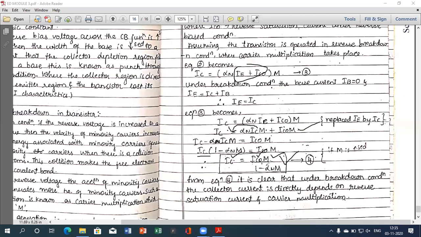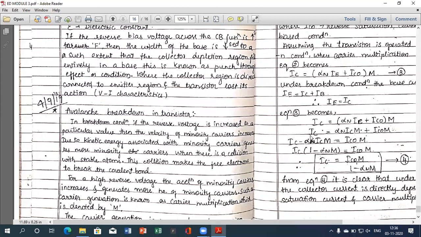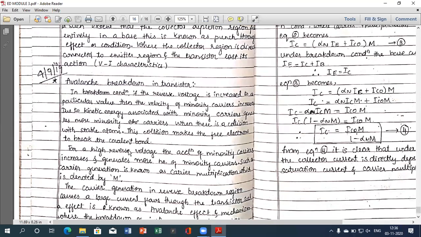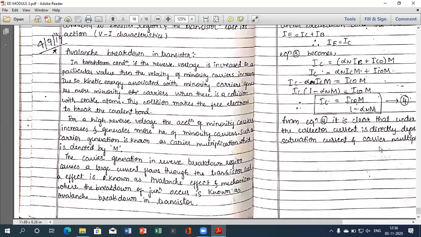So once the transistor operates in the active region, we should take care of the reverse voltage. If the reverse voltage is increased beyond the limit, then the collector current completely depends on the reverse saturation current and carrier multiplication. This is about avalanche breakdown in transistors in terms of theory and equations.